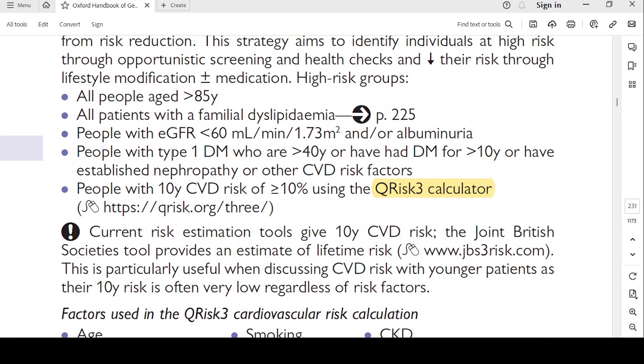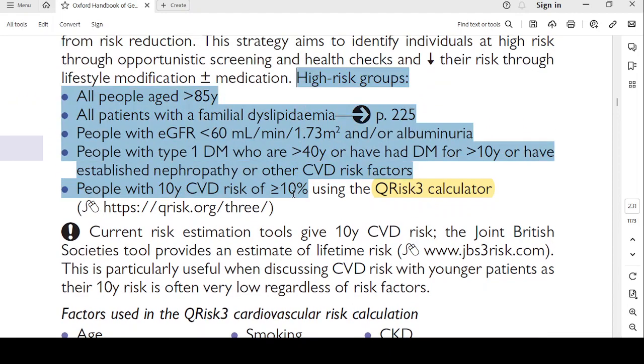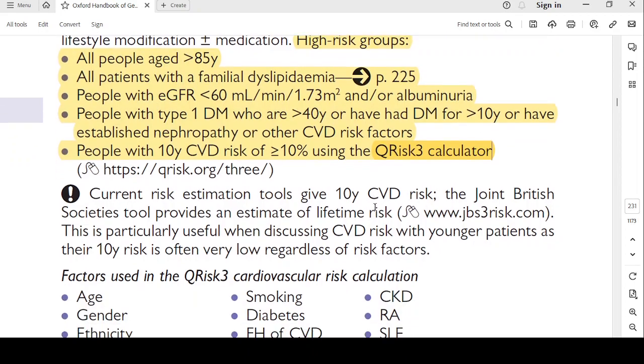So these are the high risk groups according to CVD risk.